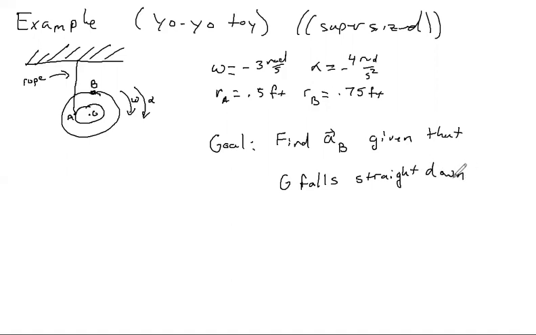Okay, so point G is going to fall straight down like a yo-yo would. The center of the yo-yo just goes straight down, even though the string is attached to the side.